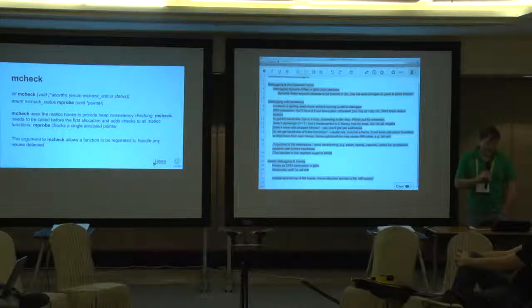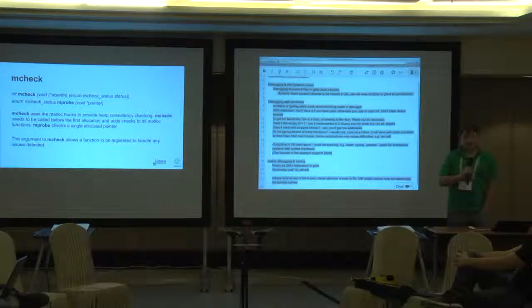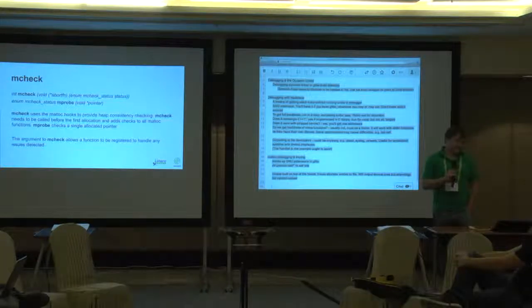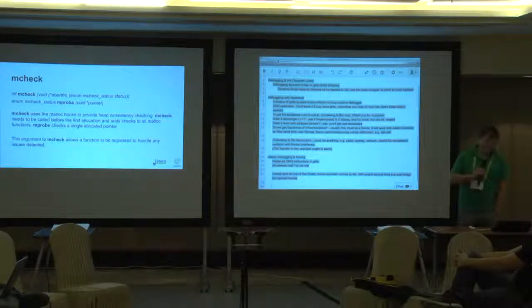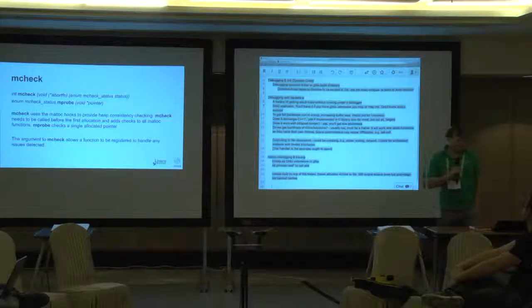mcheck, another GNU extension built on top of these malloc hooks, is basically provided to do heap consistency checking. So if you've got some problem where your heap's getting corrupted, say a buffer overrun that's going into the malloc bookkeeping information, or something like a double free, mcheck will pick that up.